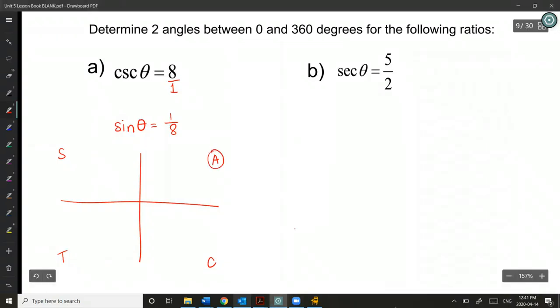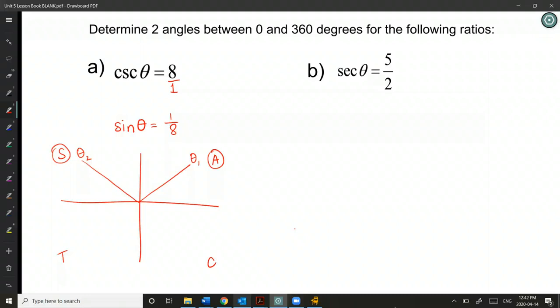Sine is positive in the All quadrant and in its own quadrant. So I should expect to get two angles here, we'll call them theta 1 and theta 2, that will give me the same ratio of positive 1/8.